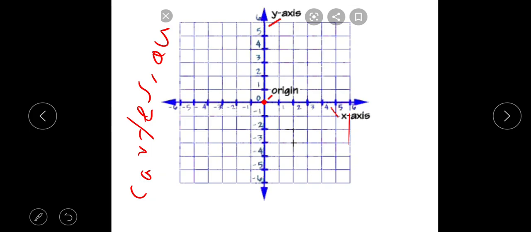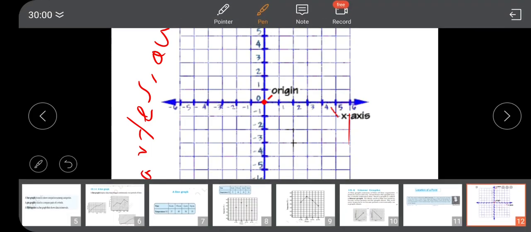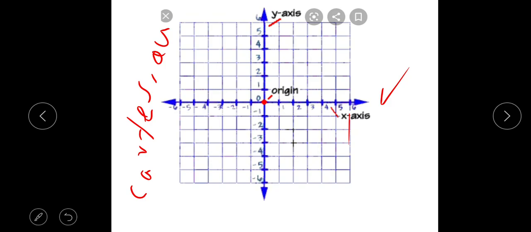Okay, now we want two line segments. This horizontal line segment is called the x-axis and the vertical is called the y-axis. They are joined perpendicular at a point. These lines, these axes, are number lines actually.